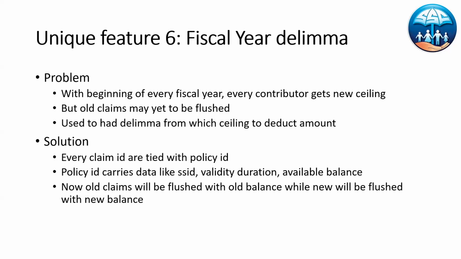So old claims will now be flushed with the old balance under the old policy ID, and new claims will be flushed with the new policy ID. In this way, we solved this problem, and we guess this is also a unique solution that we have been practicing with OpenEMIS.